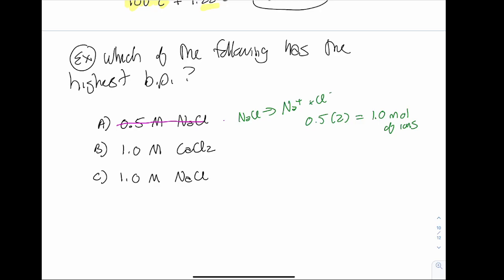And then with the 1 molar calcium chloride solution, right, calcium chloride is going to dissociate into 3 particles, 1 calcium and 2 chloride. So I would take the 1 and multiply it by 3, and I would get 3 moles of ions.